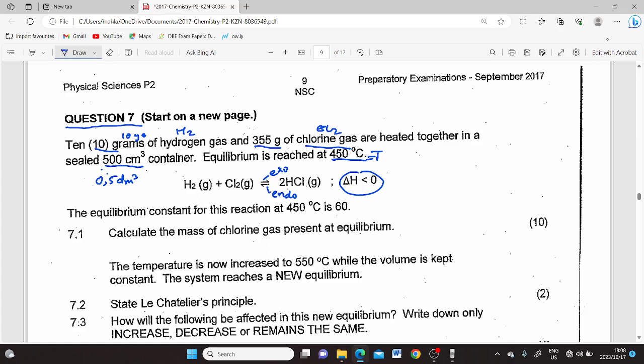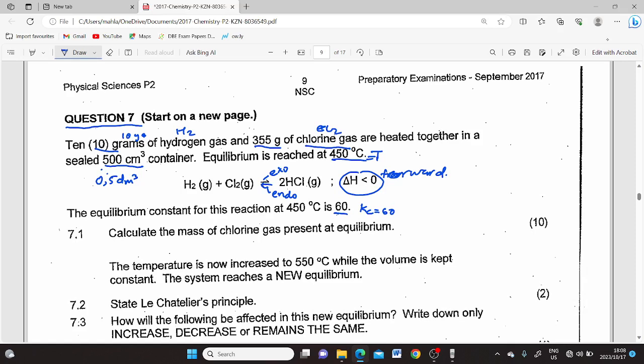So always this represents a forward reaction, and the reverse will be represented by the reverse arrow here. Right, the equilibrium constant for this reaction at 450 degrees Celsius is 60. Now we have our Kc of 60.